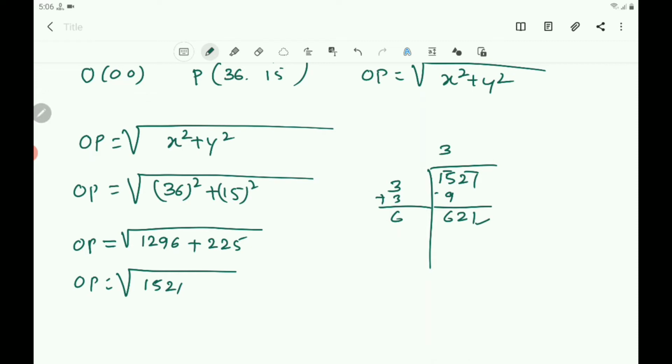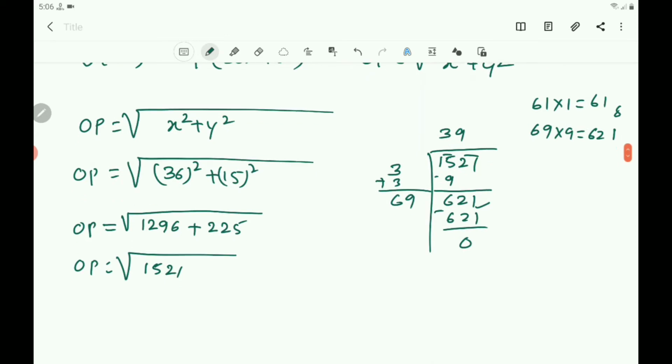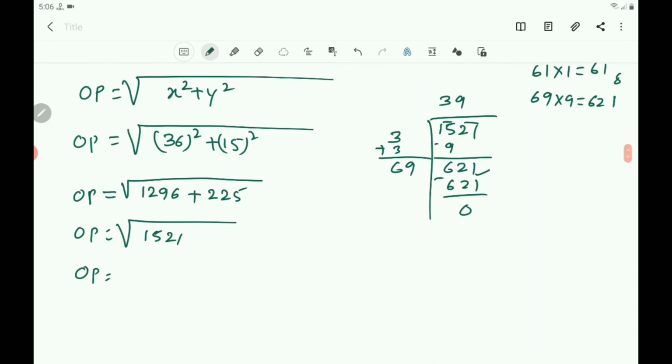Here it is 21, so either you have to put 1, 61, or 69. 61 into 1 is 61, 69 into 9, 9 9s are 81, 9 6s are 54 plus 8, 62. So you put 9, 69 9s are 621. Subtracting 621 by 621 you got 0. Therefore OP equals the square root of 1521, you got it, 39. 39 is the square root of 1521.